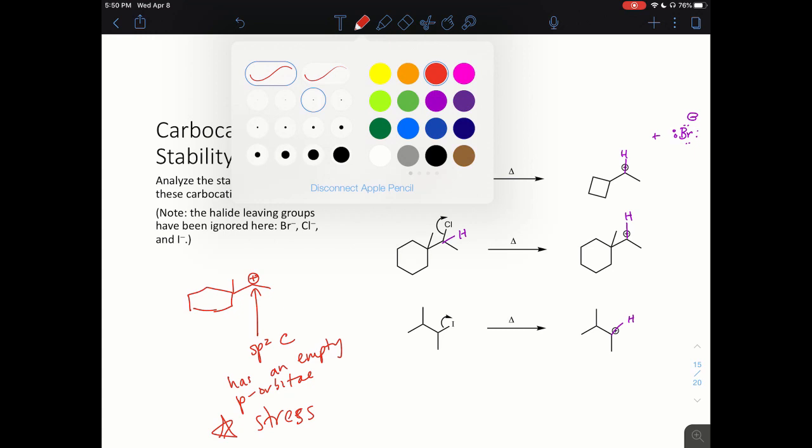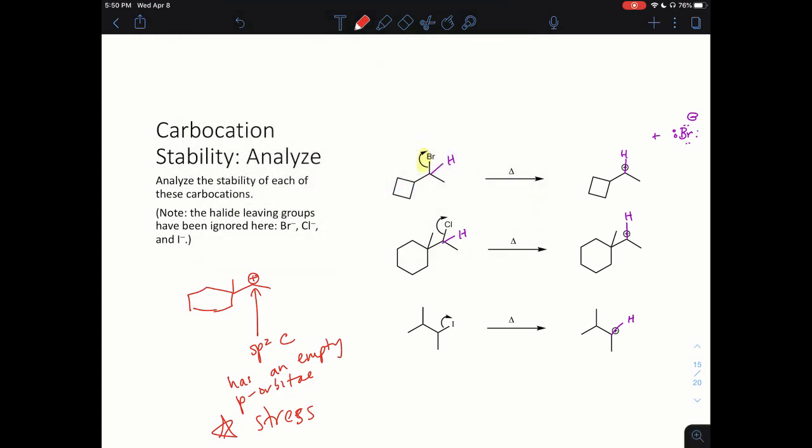I asked you to label the substitution pattern because we know substitution pattern determines the stability of carbocations. So these are all secondary carbocations. Can we recall what the most stable carbocation is, as far as substitution pattern?